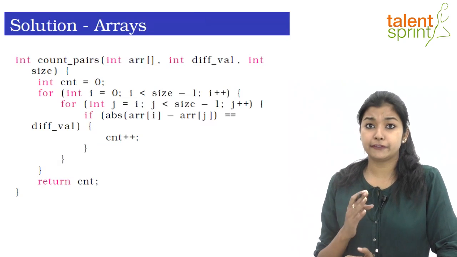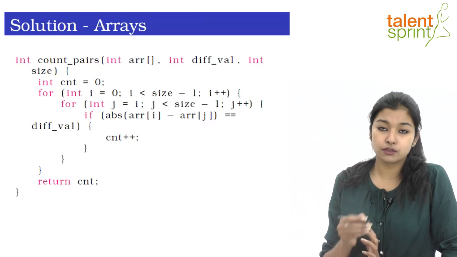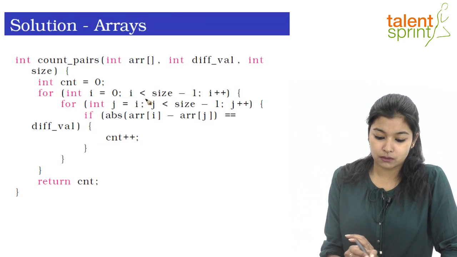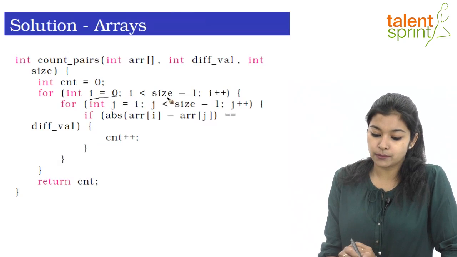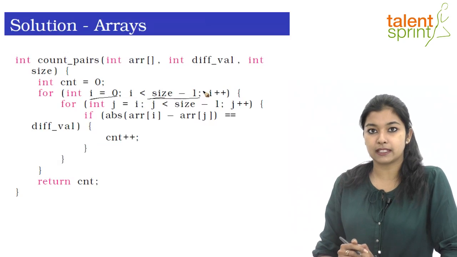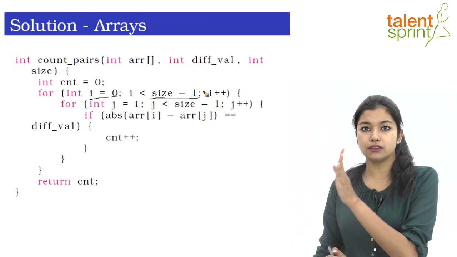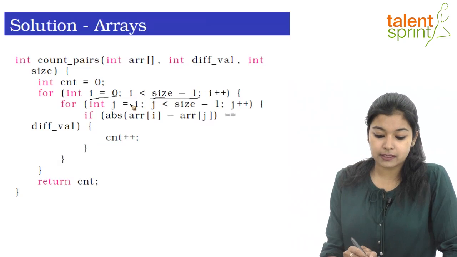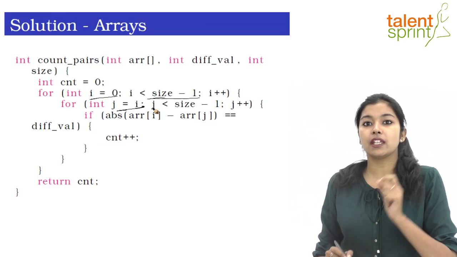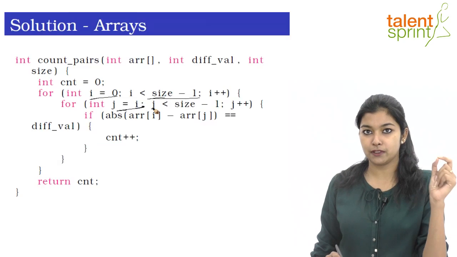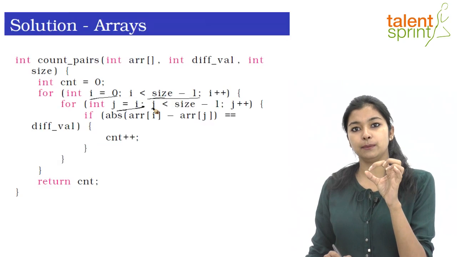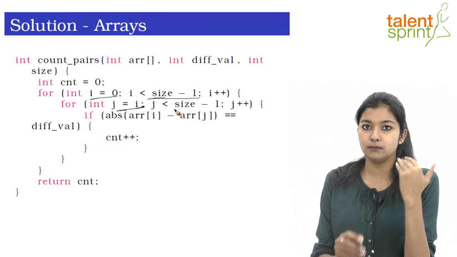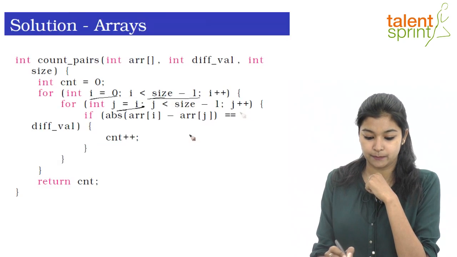Now further on, we have created two for loops. The one is traversing from i equals 0 to i less than size minus 1, so it's traversing through the array. The second is traversing from j equals 1. So the first loop will keep the first element, the second loop will keep the second element, and then again move on till the last element.